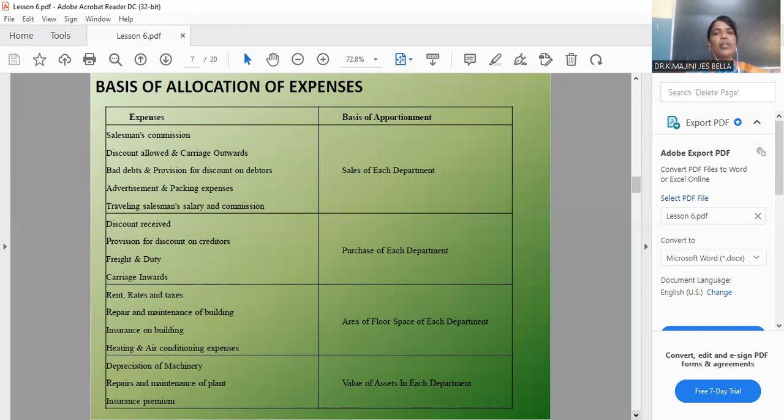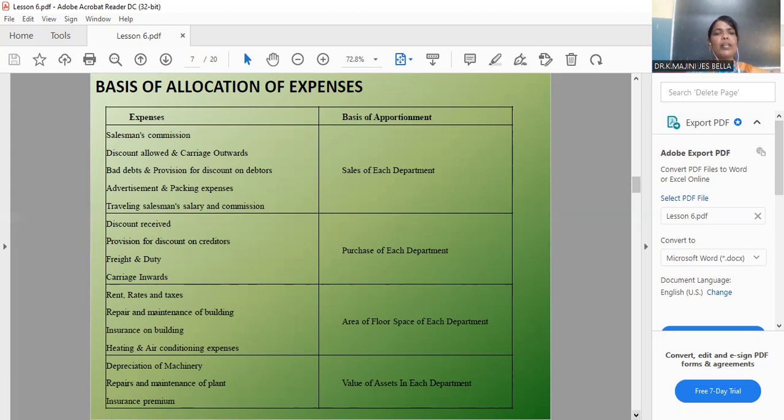How much area they are using for that particular department, based on that they segregate. Then repair and maintenance of building, insurance on building, and heating and air conditioning expenses. These items also come under the area of floor space of each department.